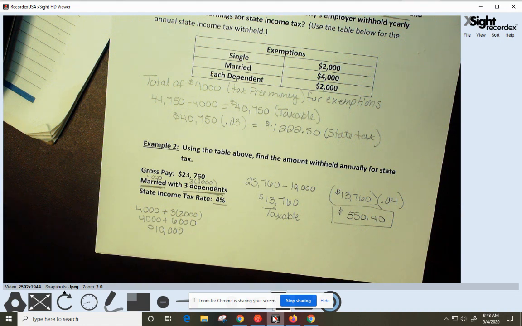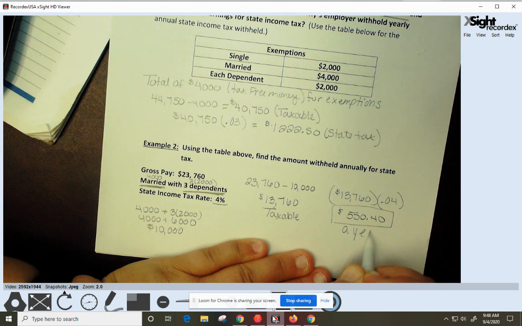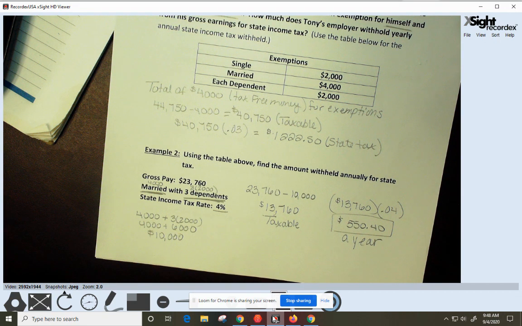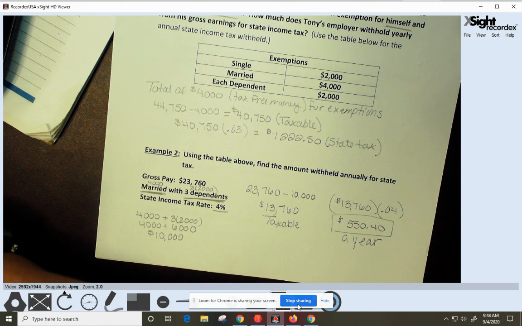Now remember, this is a year's worth of taxes. Okay. You'll have a few problems to practice with. Make sure you are jotting down notes and questions that you will want to ask me when you come back the next day. Okay. So good luck.